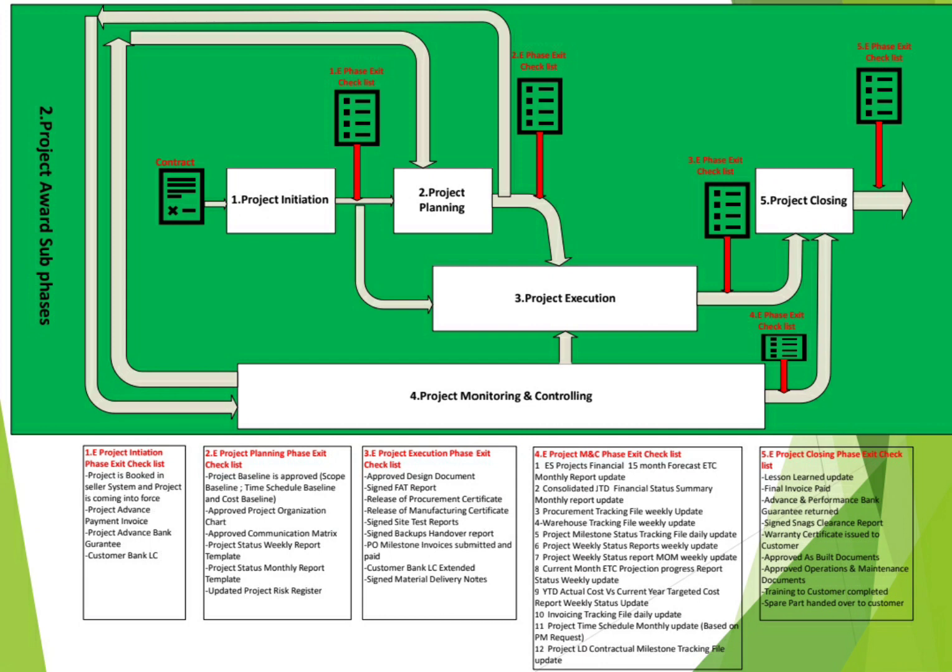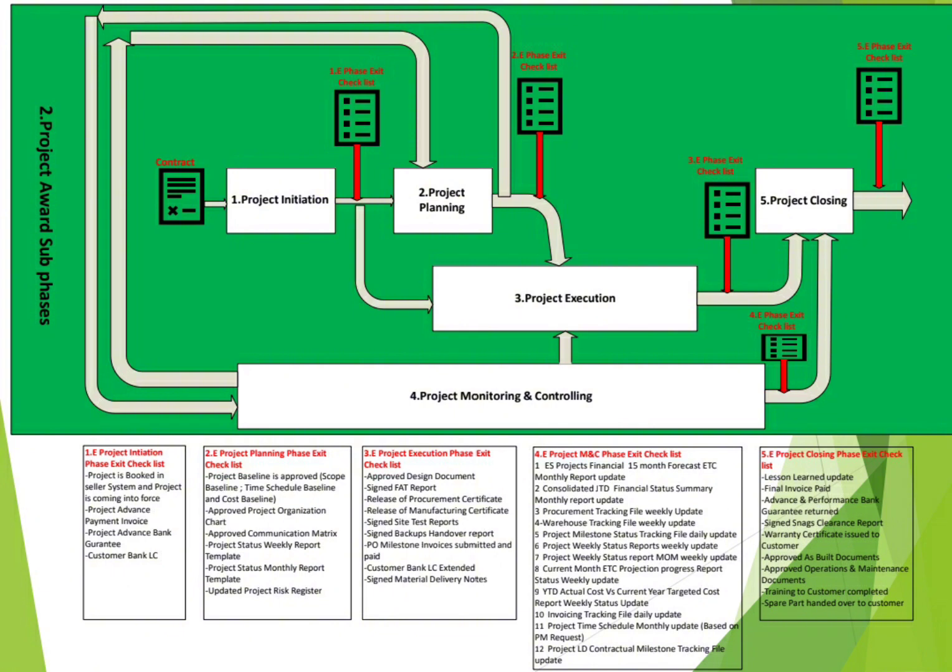Weekly status reports, weekly update, the minutes of meeting of these status reports also, estimate to complete projections. Also, we have the comparison of the actual cost you incurred with the target cost your company made for you for this project for specific months.